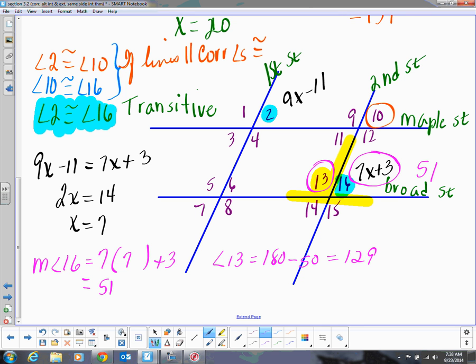Did I get 129? Okay, that's going to be 49, 50, 51. Oh, yeah, it is. This is 52, and this is 52. So how about 128? Better? Okay.